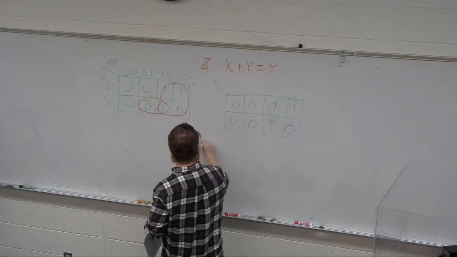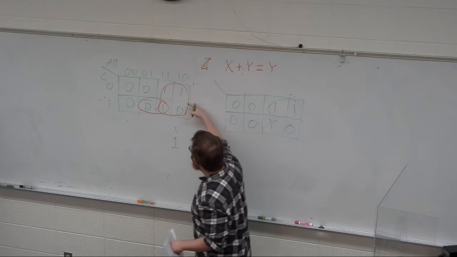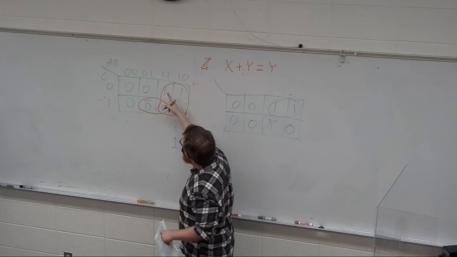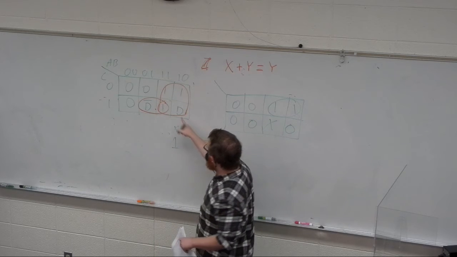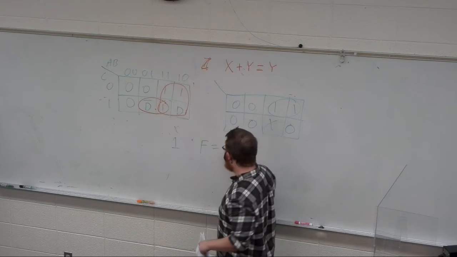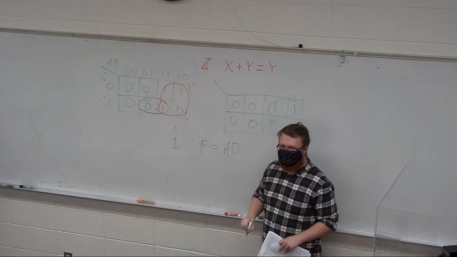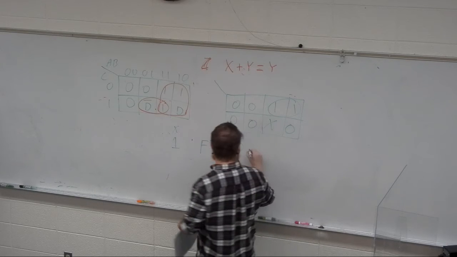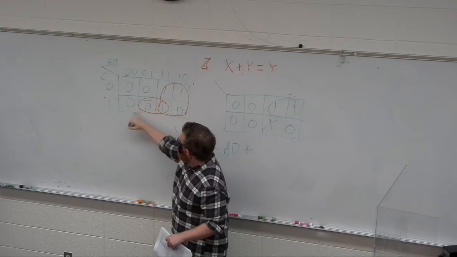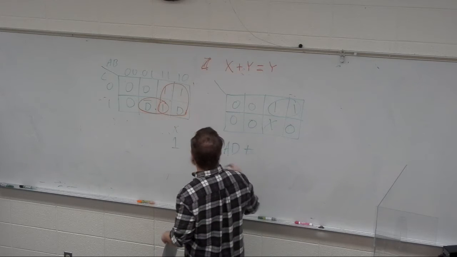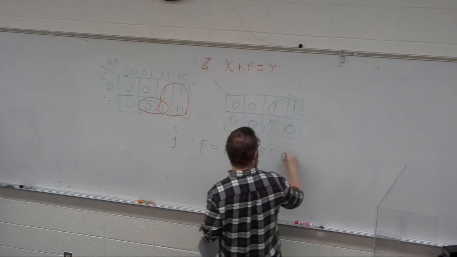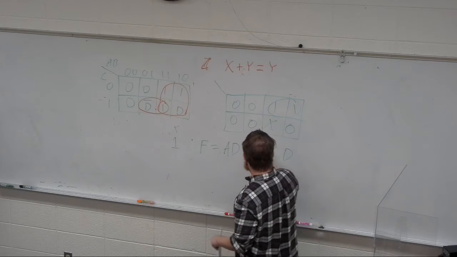So F is simply, well, what is this circle? We have A, and as I said, it's ANDed with the term that you're in here, right? And D. Right, because if it wasn't a map entered variable and that was just a 1, this would just be A. But instead it's A and D. Or, well, C doesn't change and B doesn't change, so B, C, where C is 1 and B is 1, ANDed with D. Right?